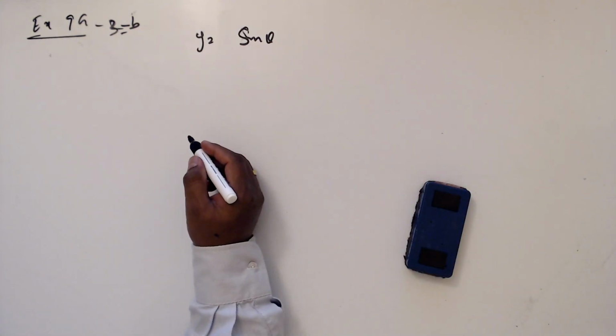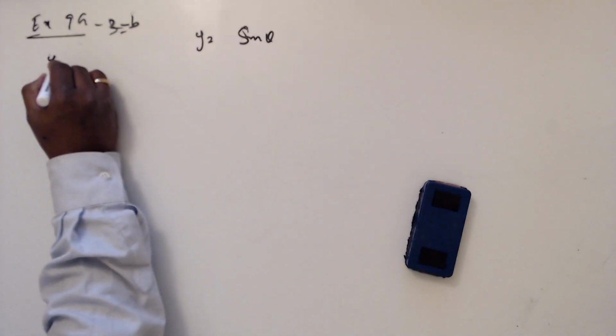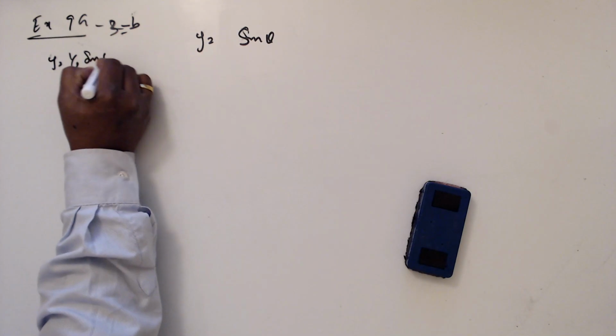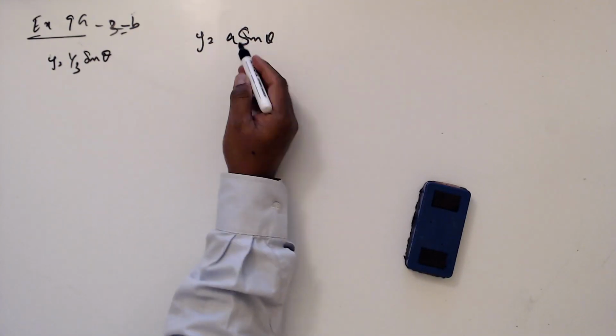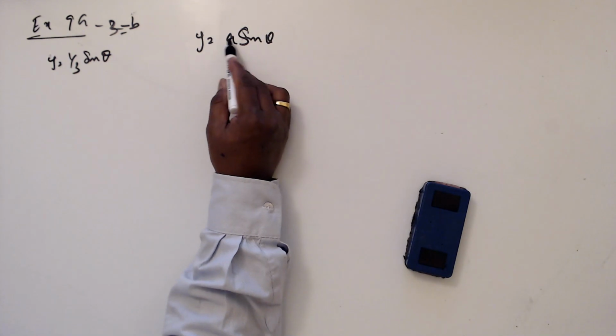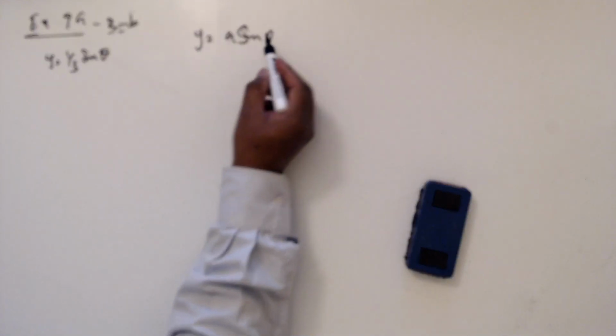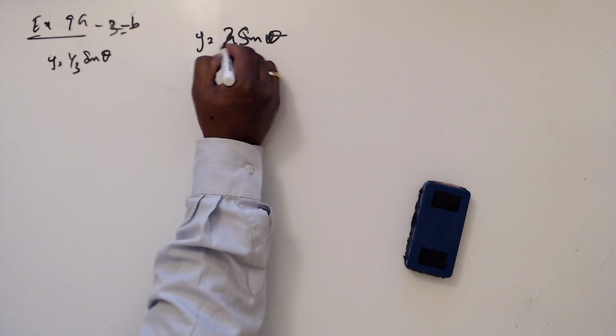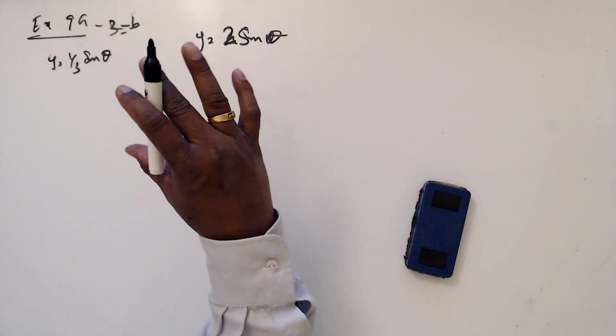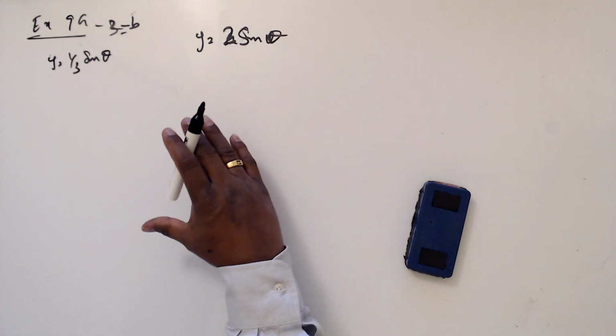So next we have to do y equal 1/3 sine theta. If it is y equal a sine theta, we know that this value a is affecting not the theta values, only the y values. If a is 2, then the graph is becoming bigger.